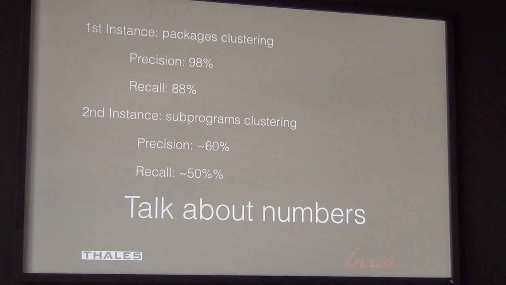Precision, I don't know if everybody is used to that, is just, if you pick a result from your approach, the probability that this result is good. And recall is, if you pick a result from your oracle, the manual approach in our case, the probability that you will have the same good result somewhere else in your approach.